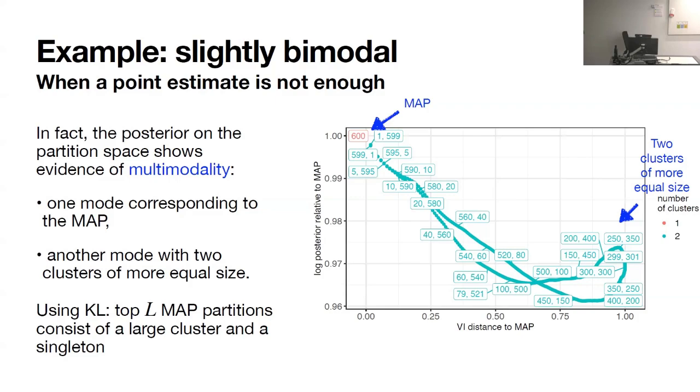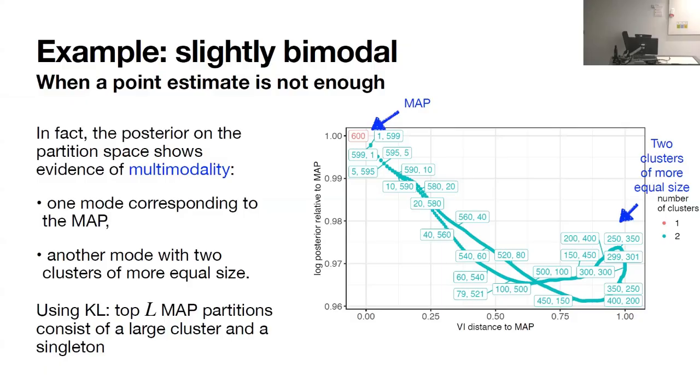These are all partitions with just 2 clusters, and this shows the sizes of the 2 clusters. When we split off a single data point, the posterior doesn't change too much, or moves a little bit further from the MAP. As we continue splitting off more, we start to decrease, but then at some point the posterior starts to increase again, and we get 2 clusters of more equal size.